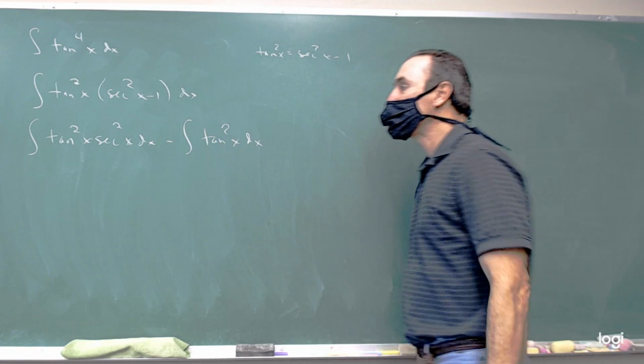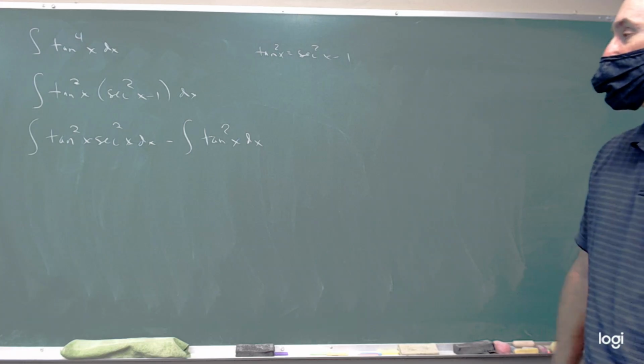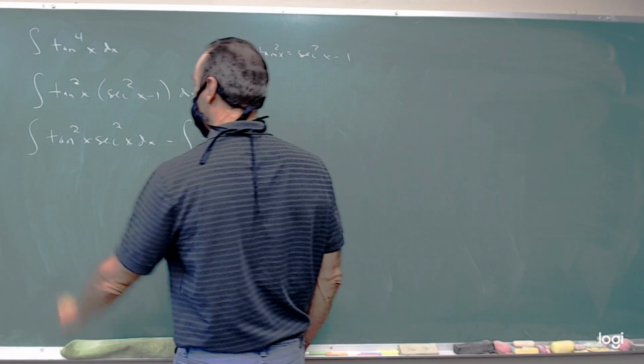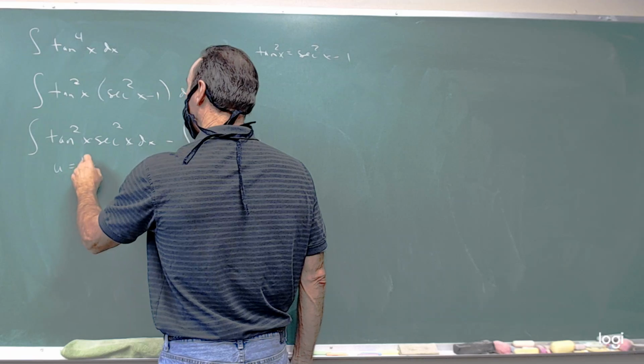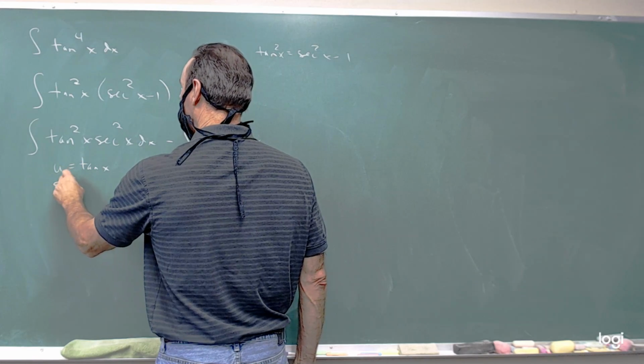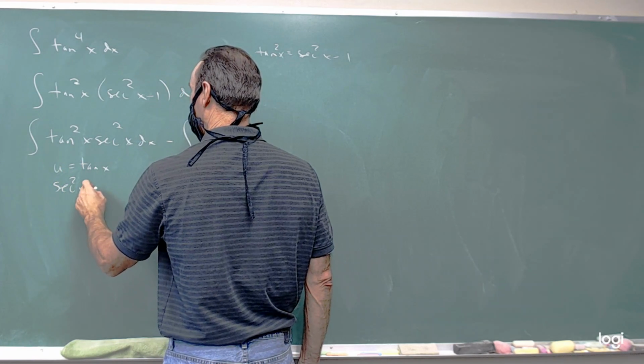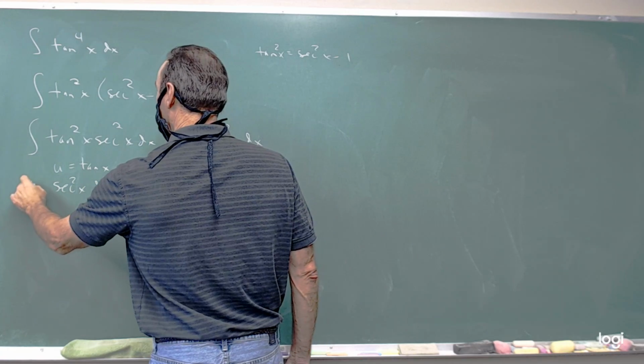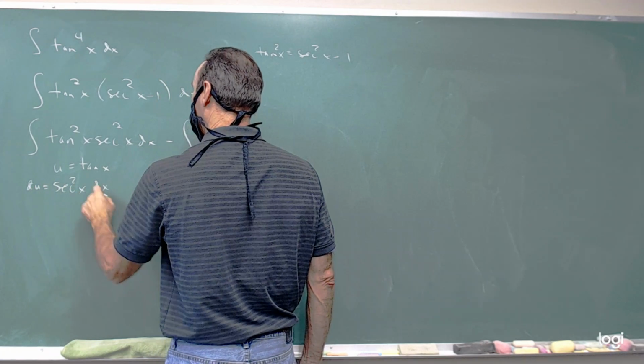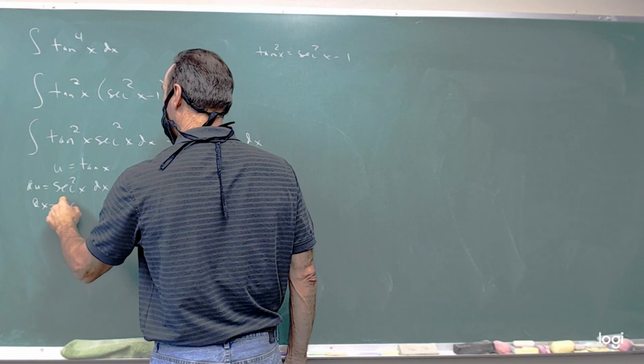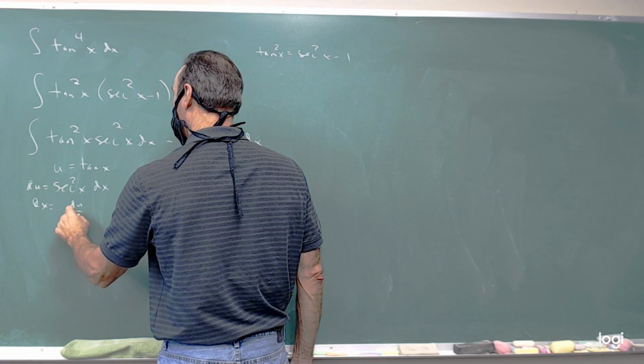Oh, that makes life a lot easier. Or you just do it again. Take two, twice? Yeah. And this is just 1/3 tangent cube of x minus.